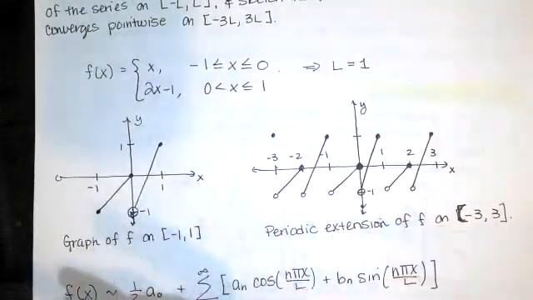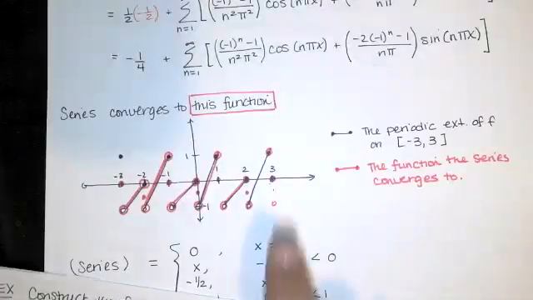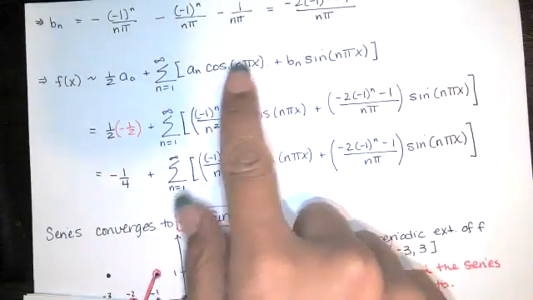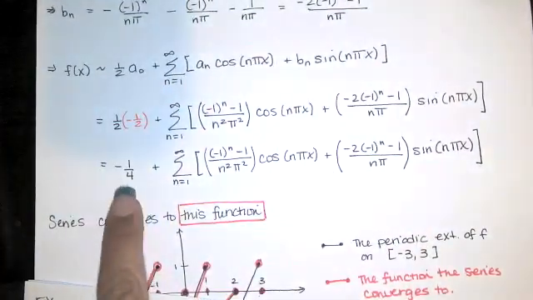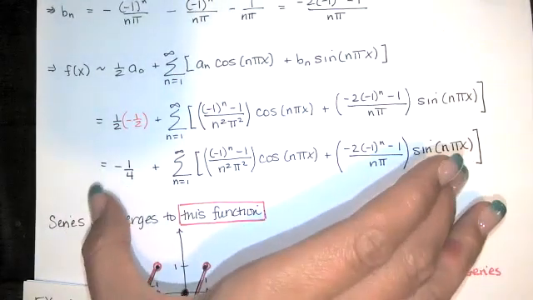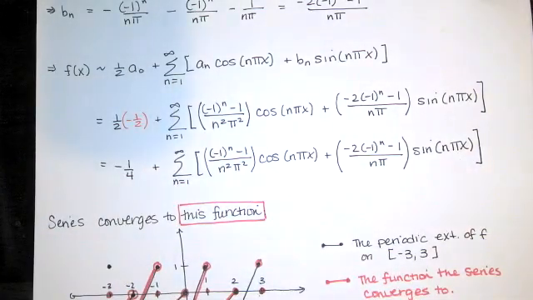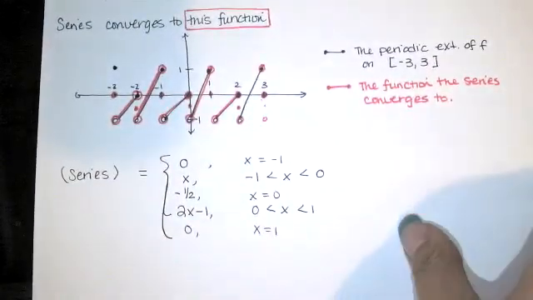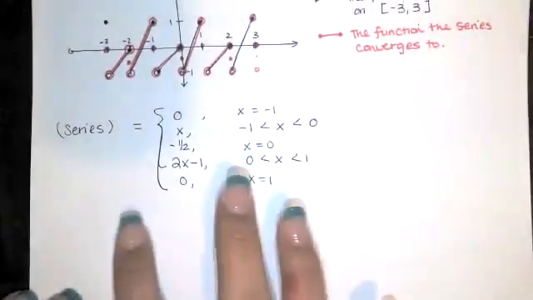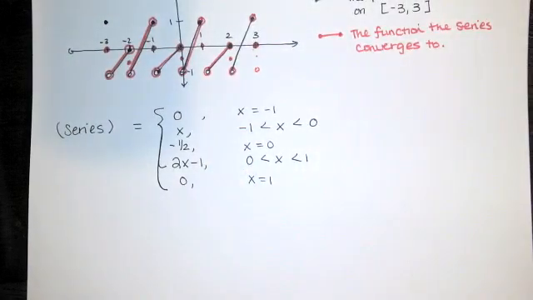That looks like this, and see how well this combination of sine and cosine functions and that constant -1/4 out front matches that function. So I'm going to pause my video briefly and write out a couple of those series approximating f, and then maybe we'll graph those on Desmos.